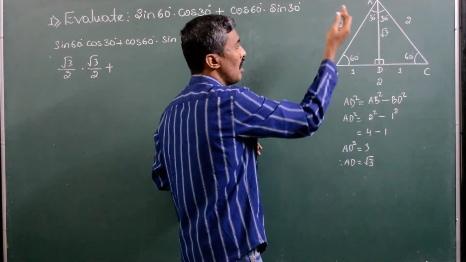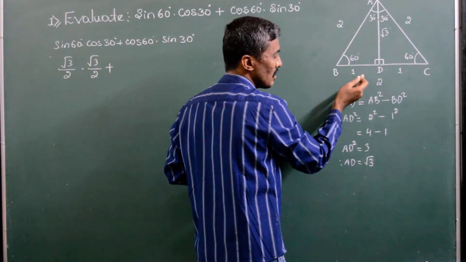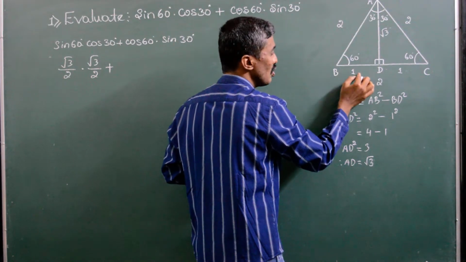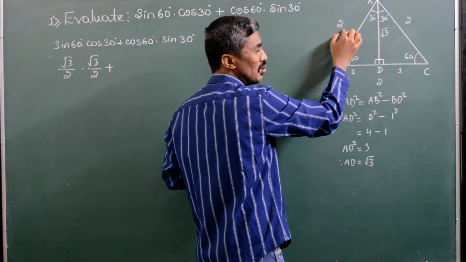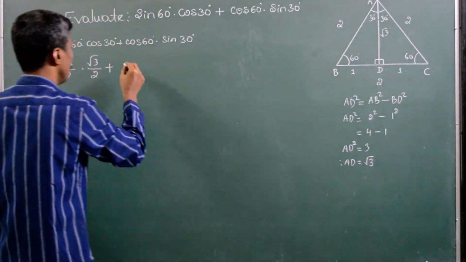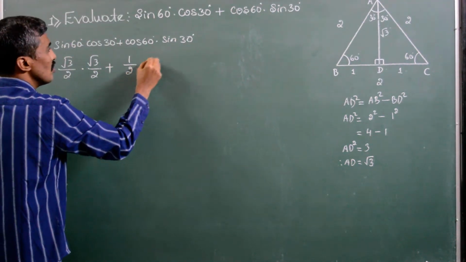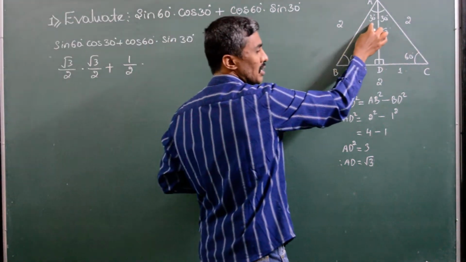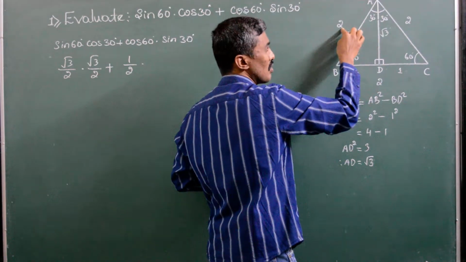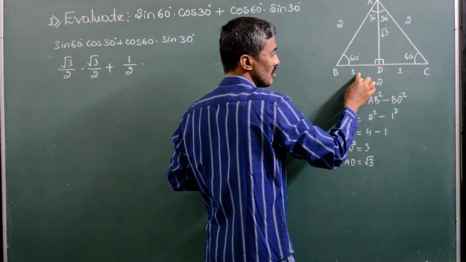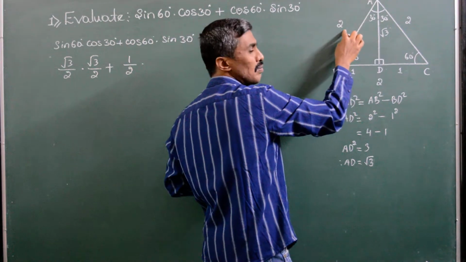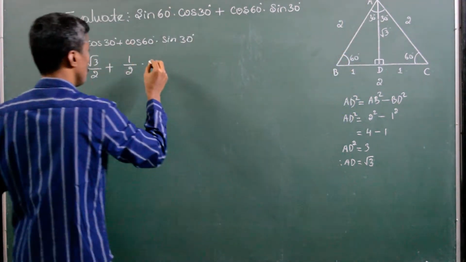Adjacent side by hypotenuse. For 60, adjacent is BD, so 1. Hypotenuse is 2 units, so 1 by 2, into sin 30 degree, sin theta, opposite side by hypotenuse. Opposite side is 1, hypotenuse is 2, so 1 by 2.